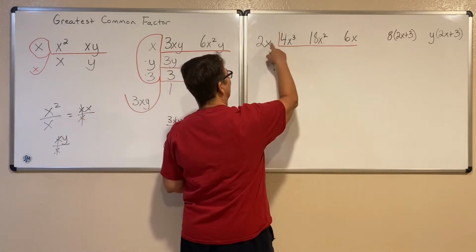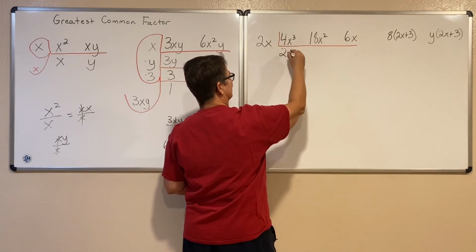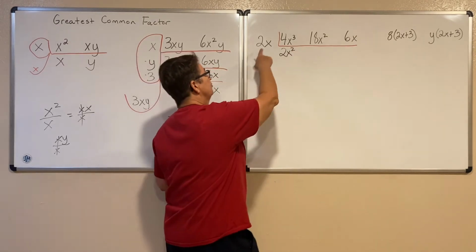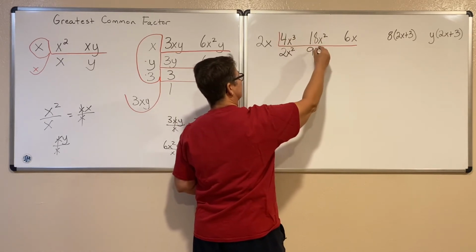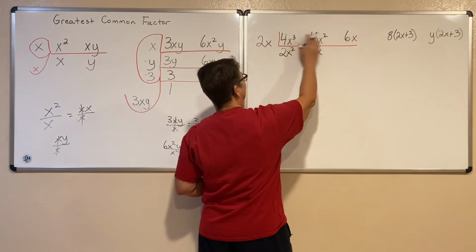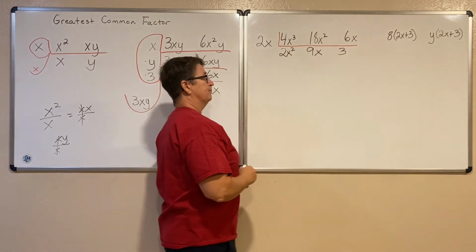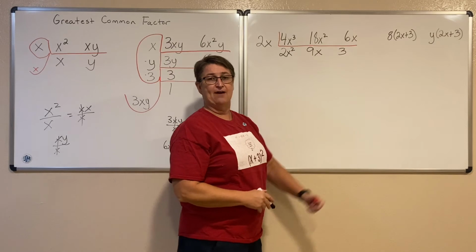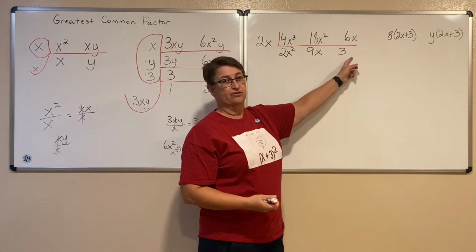So 4 divided by 2 is 2, and x cubed divided by x is x squared. 18 divided by 2 is 9, and x squared divided by x is x. 6 divided by 2 is 3, and x divided by x is just 1. I look to see if they have something in common. And while these two have x's, that one doesn't.